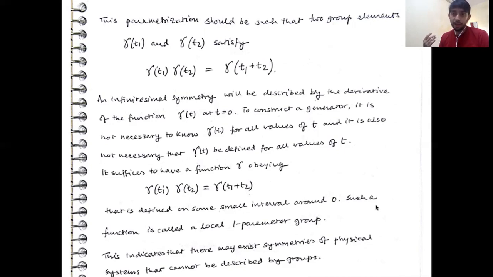All that you require is that gamma t obeys this particular group composition law, if you wish. This is a function where gamma t1 times gamma t2 gives you gamma t1 plus t2. So this is what is going to be called a local one parameter group.